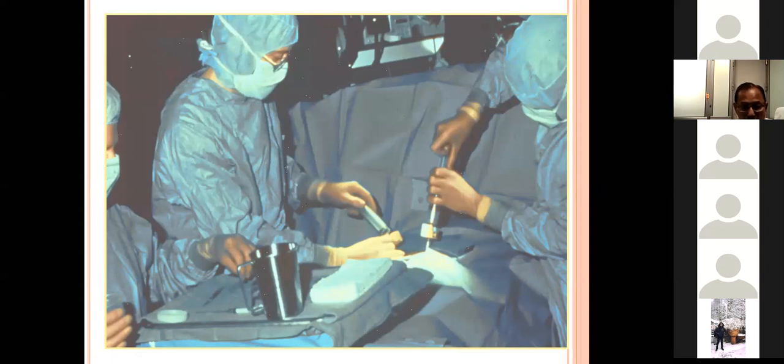You can harvest from one side, you can harvest from the other side. This is a cumbersome procedure, and the donor has to be admitted in the hospital and is likely to remain in the hospital for 1 to 2 days.